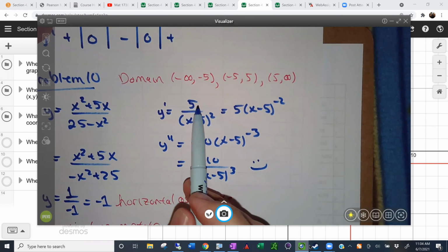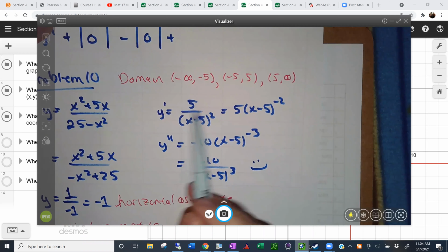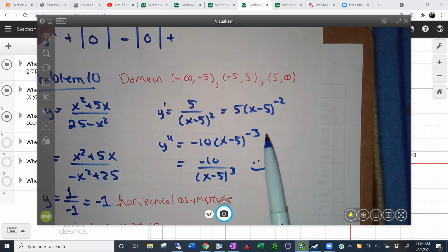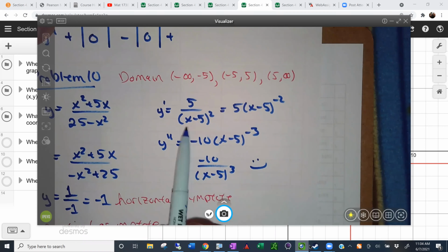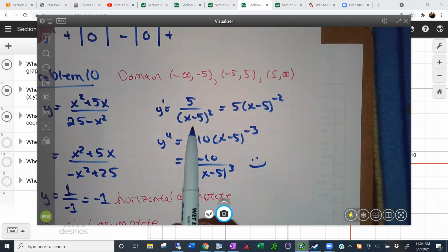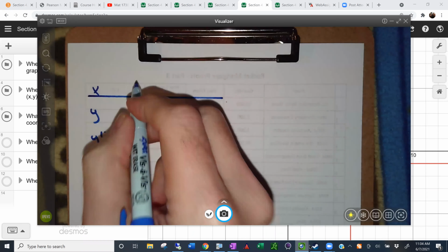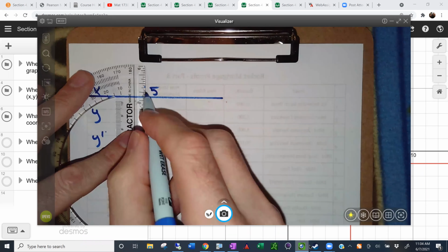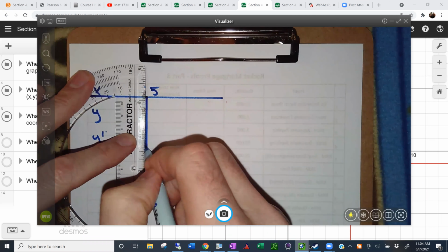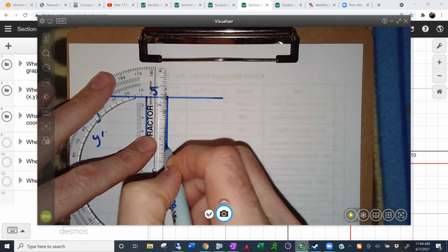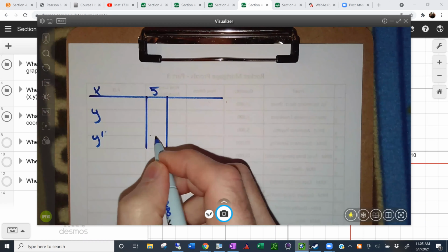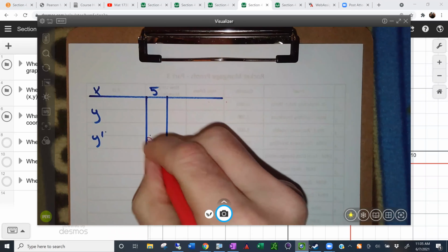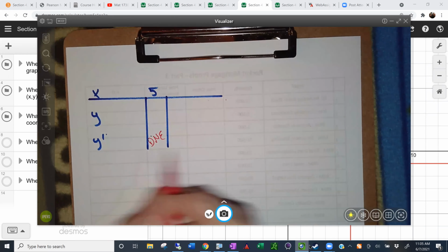It's only going to equal 0 where the numerator equals 0. And since 5 can't equal 0, it's not going to equal 0. It can be undefined at x equal 5. So at x equal 5, it's undefined. Of course, that point is not even in the domain. That's okay. The important thing is that you need to test for change of signs on either side of that.